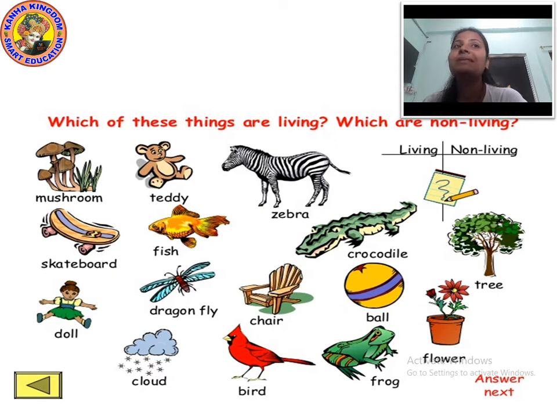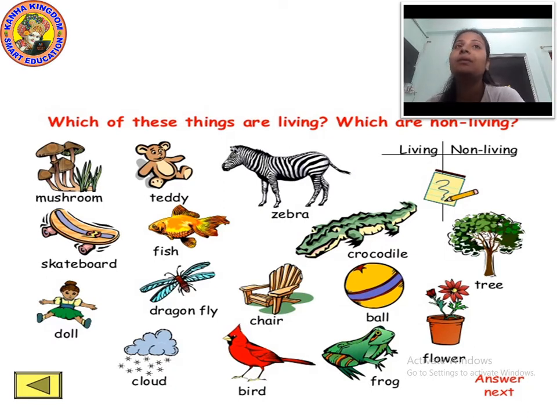Now skateboard. Can skateboard grow? Does skateboard need food? No, right? So skateboard is a non-living thing. Next is peas.